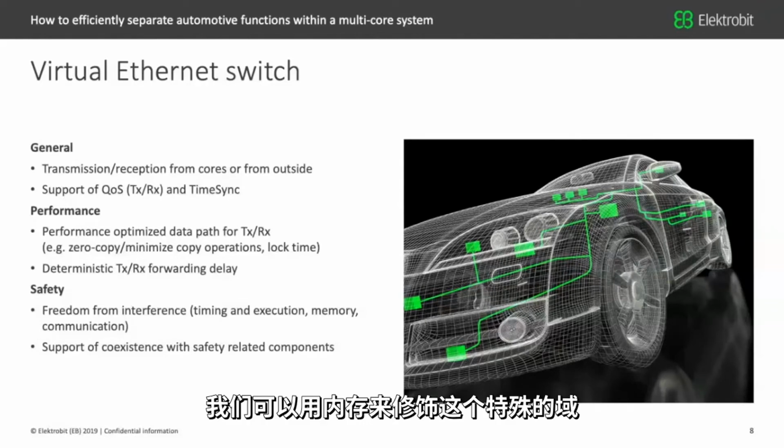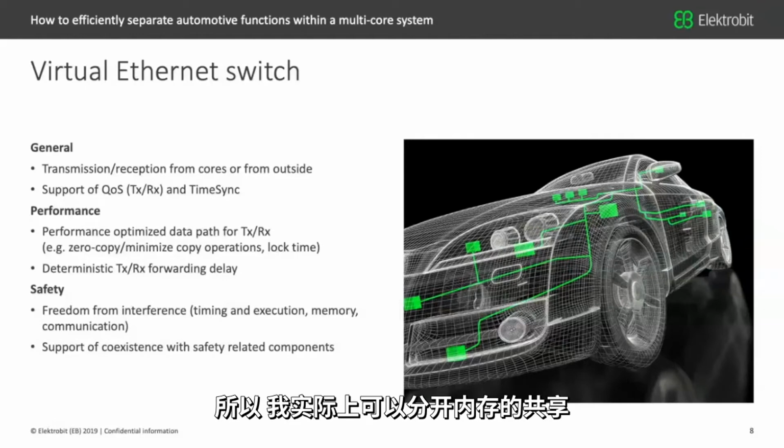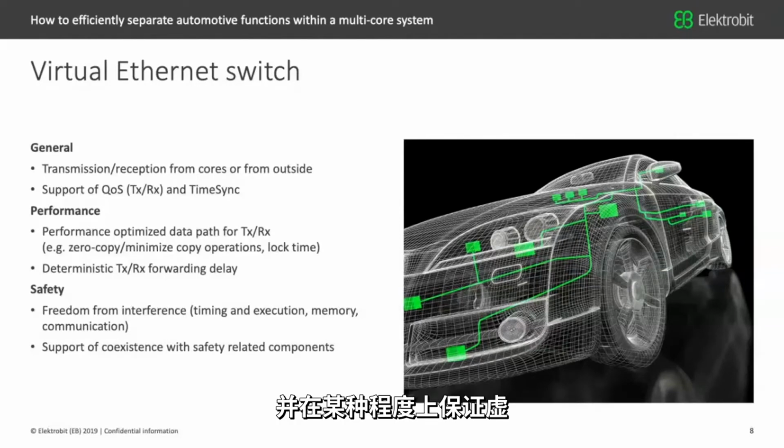We can address the spatial domain with memory. Here I can separate the shared memory from each other and can guarantee freedom from interference on these message buffers within the virtual Ethernet switch. And on the communication path, of course, it is possible to use an end-to-end protection on a higher level.